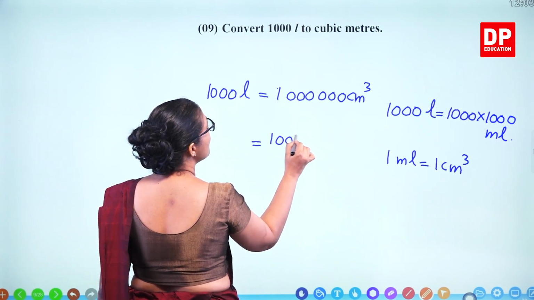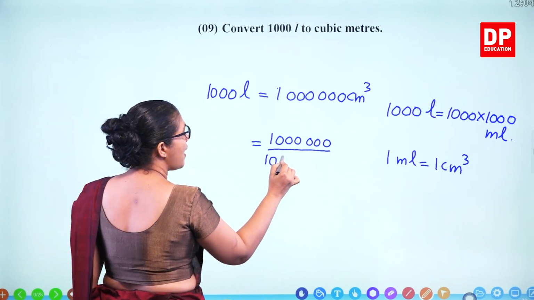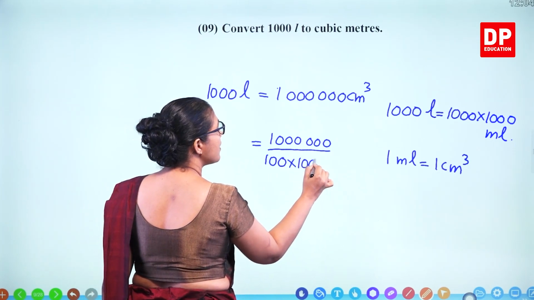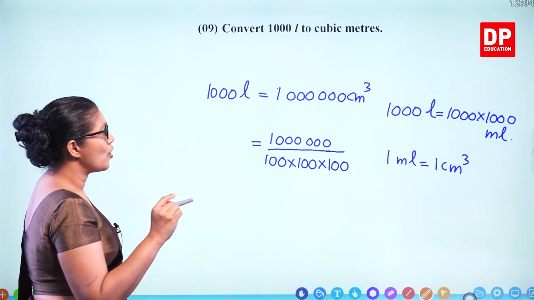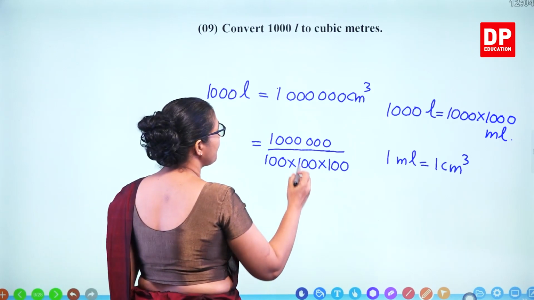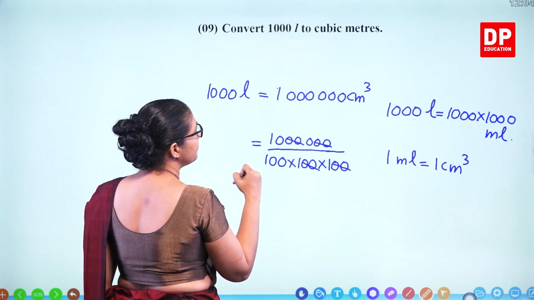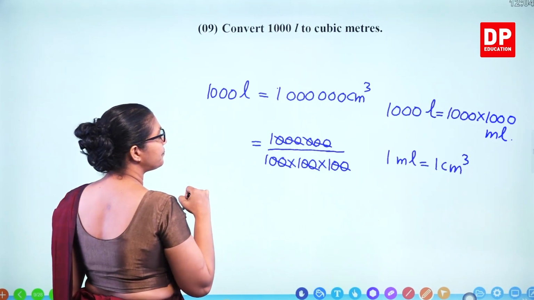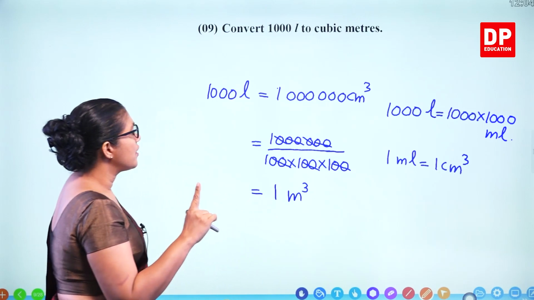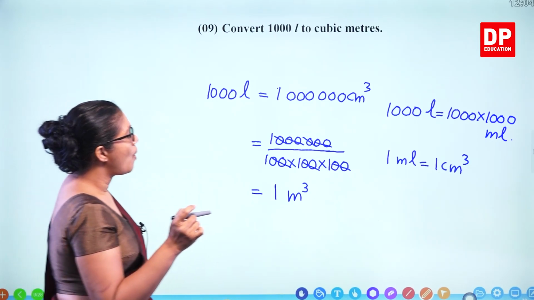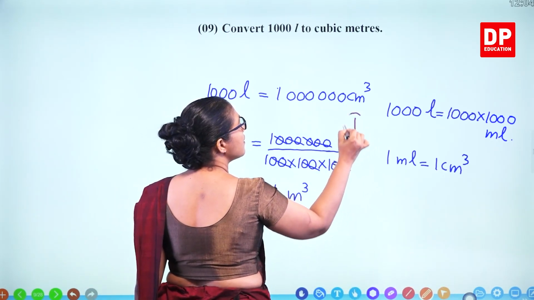You take this number, 6 zeros, divide by 100, divide by 100 again, and divide by 100 again. 3 times you have to do because it is cubic. Now cross out the zeros, 2 zeros, 2 zeros, and 2 zeros. So you get 1 cubic meter. So 1000 liters is equal to 1 cubic meter. So 2 marks again, 1 and 1.